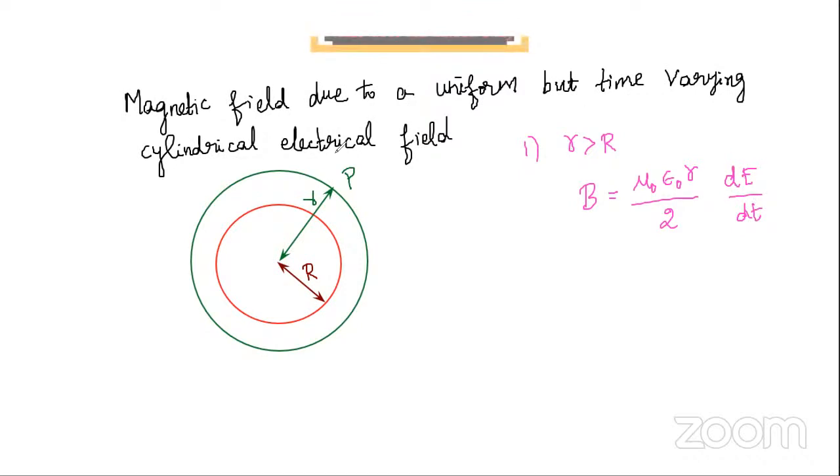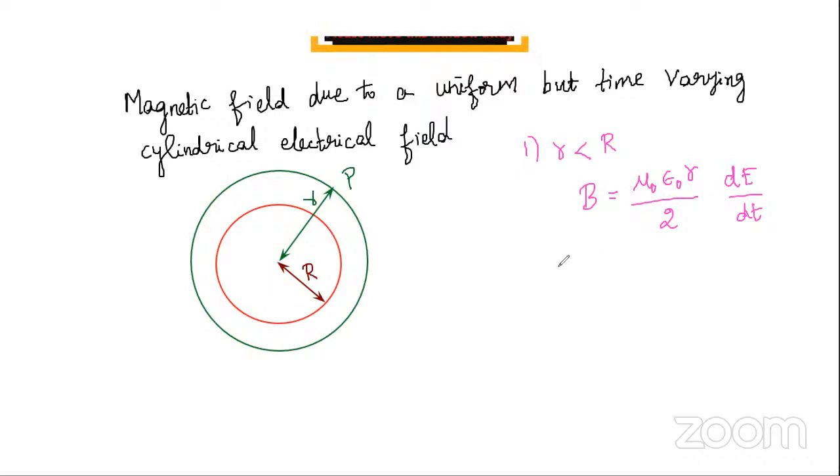Because the time varying electric field is confined in this region. So when r is less than capital R, your magnetic field is given by this equation.